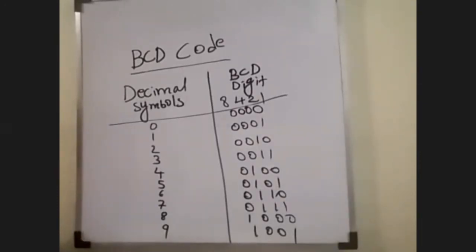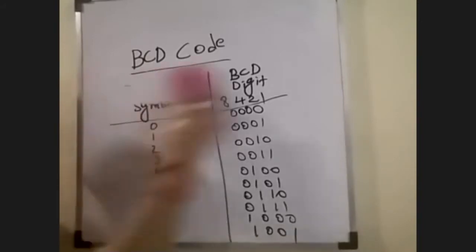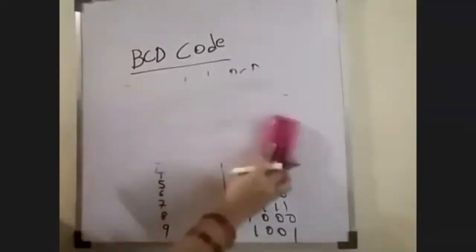The next subheading is BCD addition. Before going to BCD addition, write down one example.